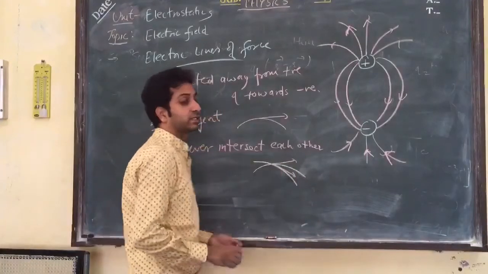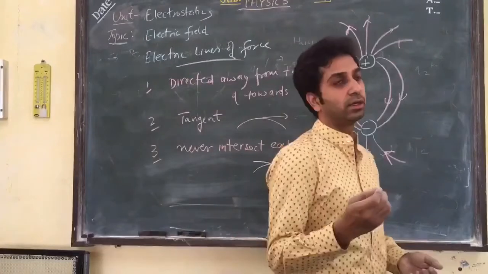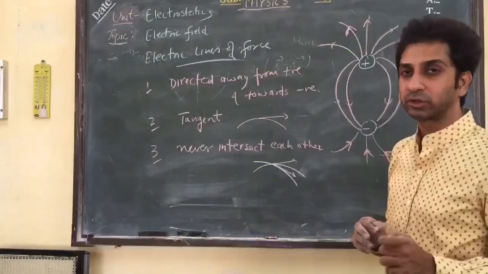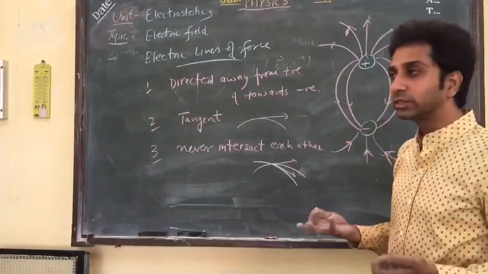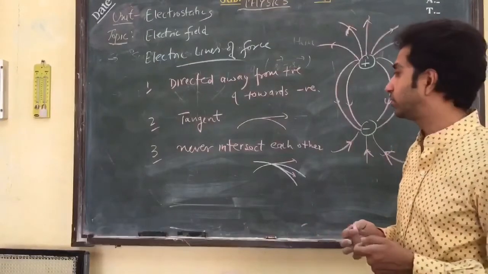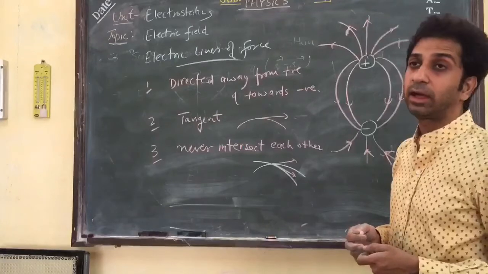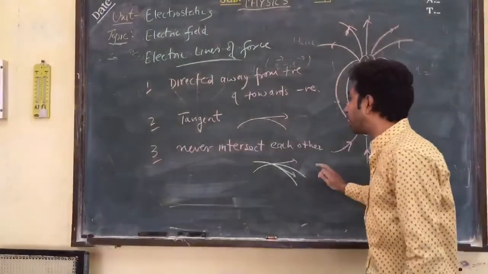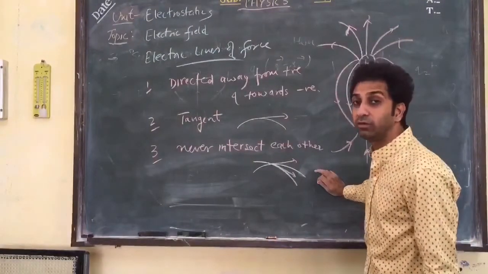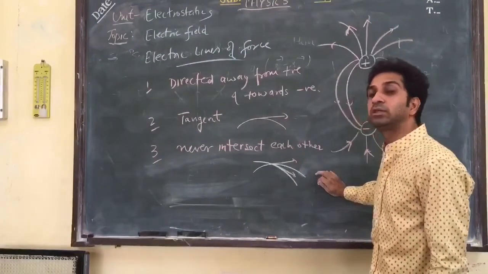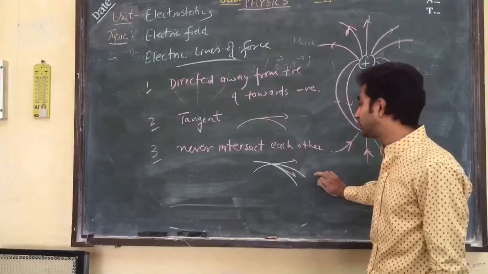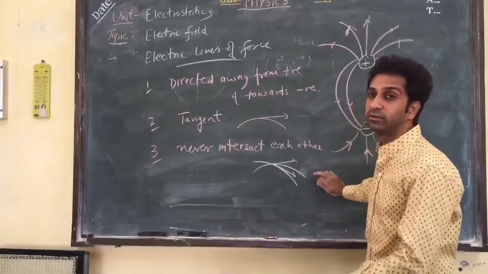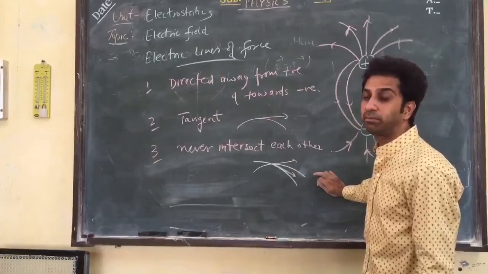Two tangents means there will be two directions of the electric field at a given point, which is not possible, because at a point there will be a single direction of the electric field intensity. It can never happen that there are two directions at a given point. This is the reason why two electric field lines never intersect each other, because if they intersect, it directly implies there will be two directions of the electric field at a given point, which is not possible, right?